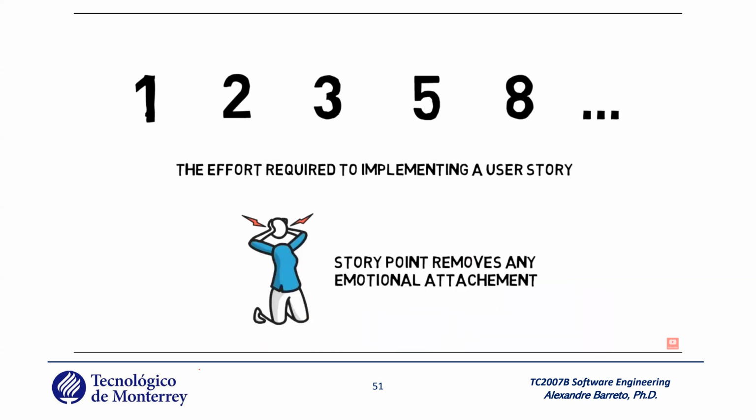If you estimate a task to take 10 hours and it ended up taking you 30 hours, then what do you tell your manager? Why did you take more time than planned? This could be frustrating for people, as it could turn into a blame game if we are not able to finish tasks within the time frame agreed on. Story point estimation removes this emotional attachment by removing the link that we can have towards time.